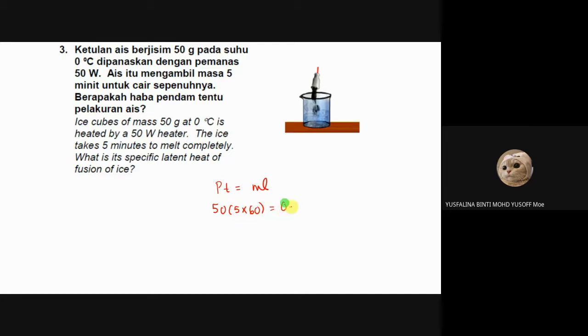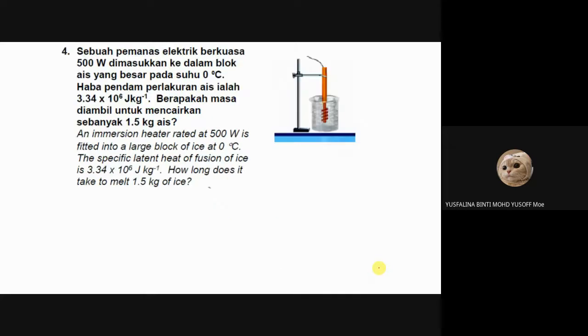The mass is 0.05, and L you need to find. Wait, I'm using my calculator. 50 times 300 divided by 0.05, so you get 300,000 joule kg negative 1. Okay, that's the answer. Very good. So how about this one?